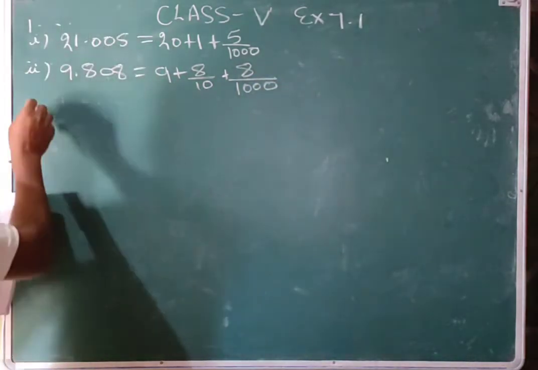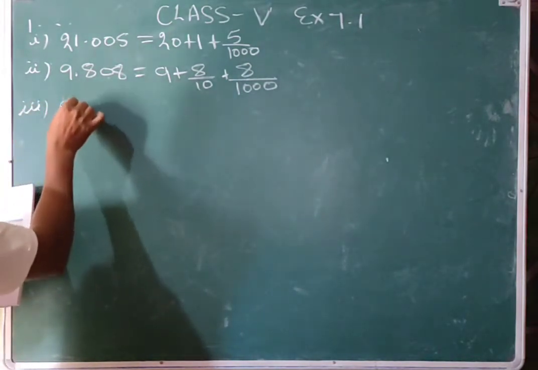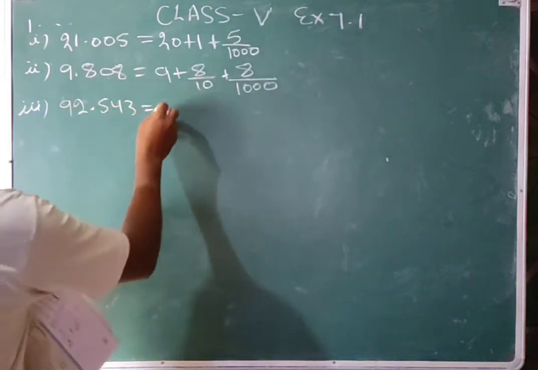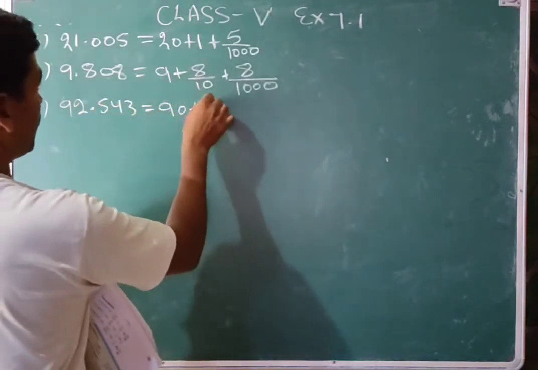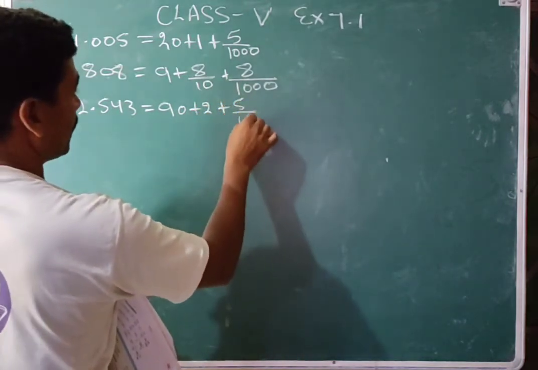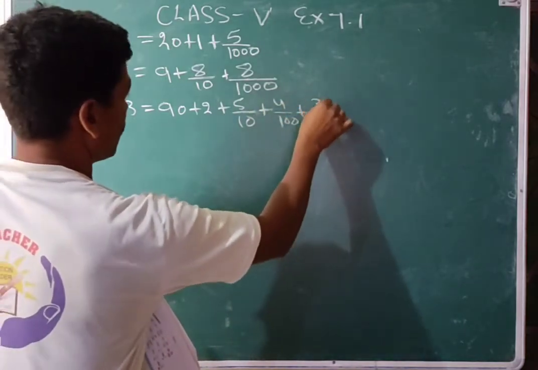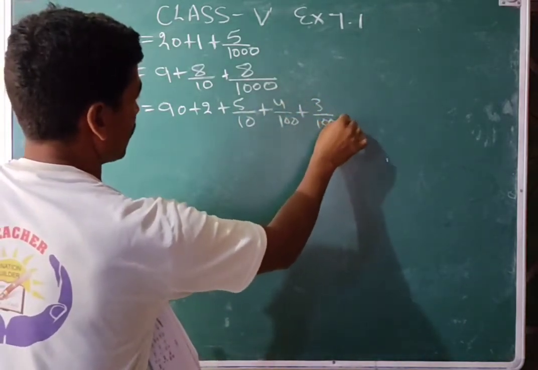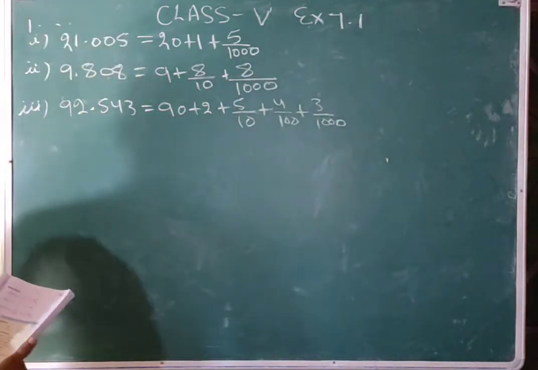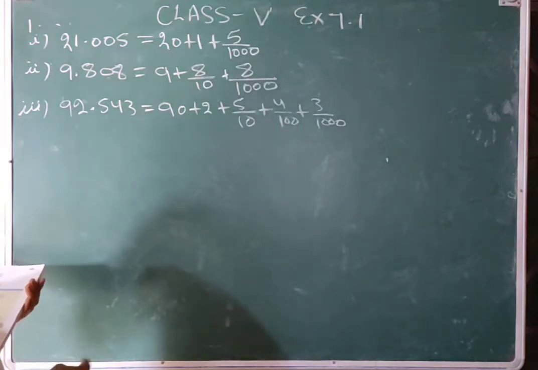Third part is 92.543, equal to 90 plus 2 plus 5 upon 10 plus 4 upon 100 plus 3 upon 1000. All the digits after the decimal are given here as natural numbers.